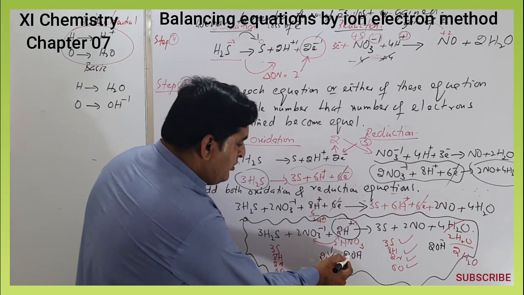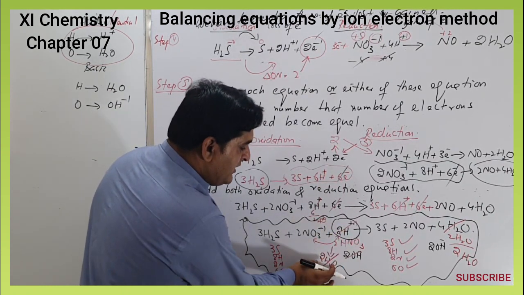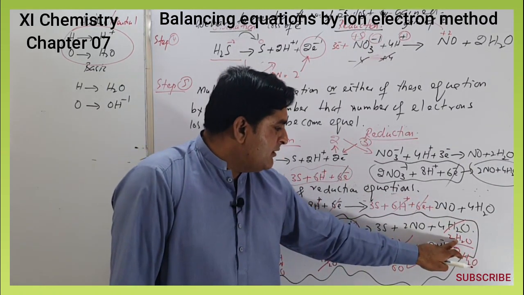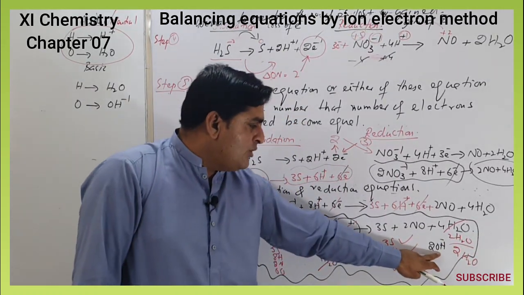So these OH- ions are cancelled with 2H+ ions as we combine them, and they become water, and this water is subtracted from 4H2O, leaving only 2H2O when we balance this equation in basic medium, while 2OH- remains.